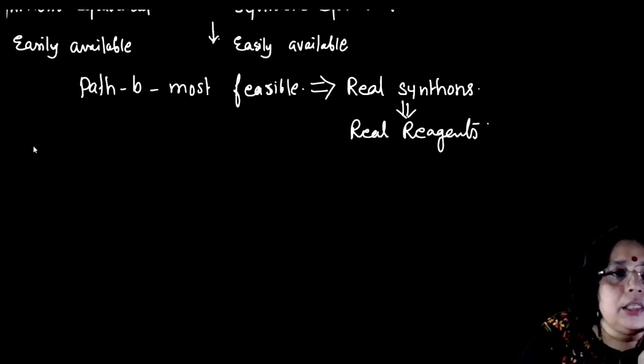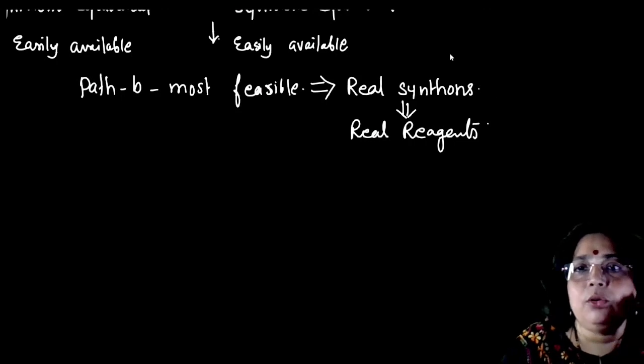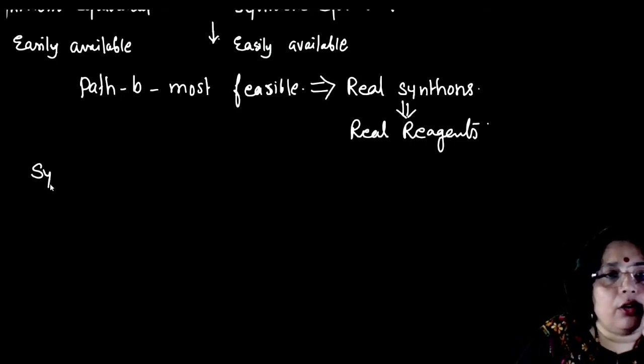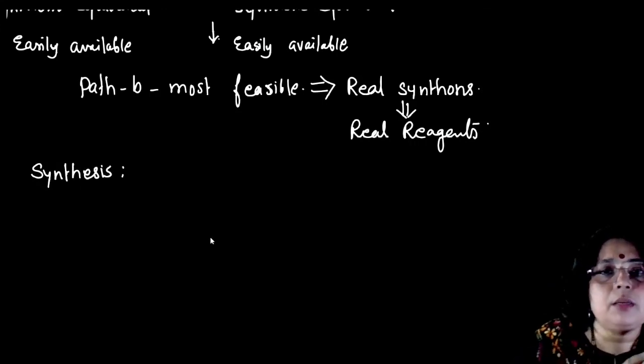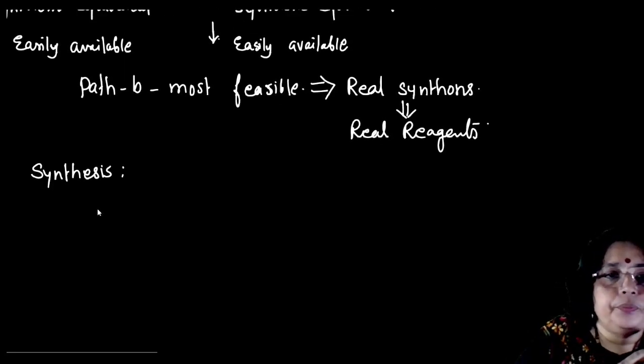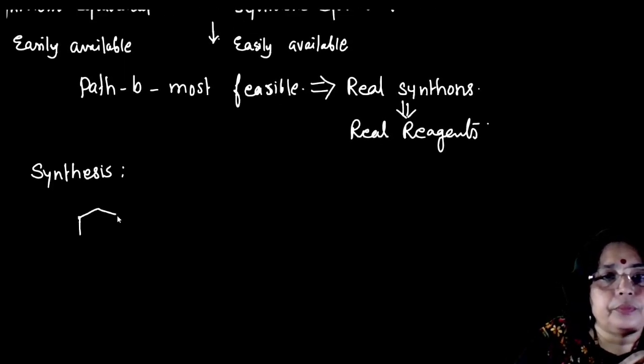Now, as I told you, this part is halfway done. Now let us concentrate on the synthesis of the molecule. If you want to synthesize the molecule, then check this out. So this is a benzyl alcohol, OH.